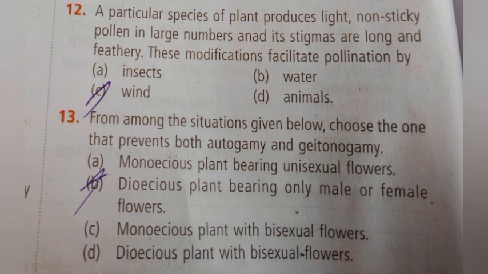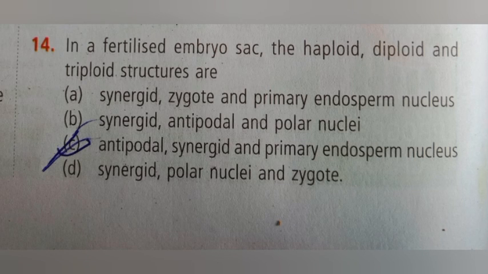From among the situations given below, choose the one that prevents both autogamy and geitonogamy. The answer is B. Dioecious plants bear only male or female flowers. Next, 14th question. This is a very important question.